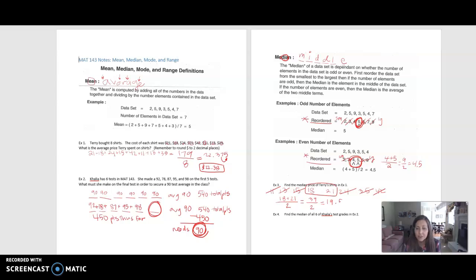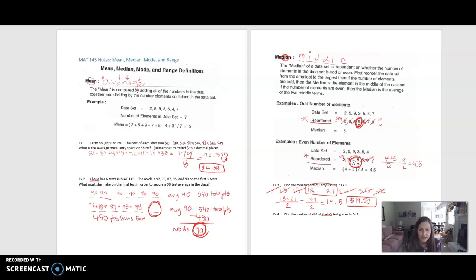But that's not our answer because that's not a dollar amount. Nobody's ever gone and bought a shirt and the person said, that'll be 19.5. That doesn't happen. That's not how we count money in America. So we need to convert this using our dollar sign, and the answer would be $19.50. You have to add that zero. The calculator is not going to have it there. So the calculator is just going to have 19.5. But money in America goes to 2 decimal places. So make sure you add that zero.